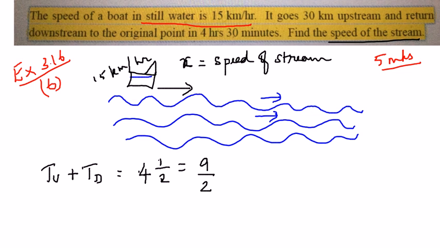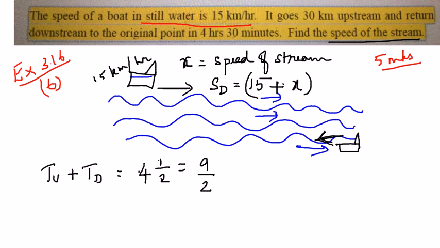So here, we'll take the speed of the boat when it's going downstream to be the speed of the boat itself plus the speed of the stream, right? Because the speed of the stream helps the boat travel much faster. But when you take the opposite direction, upstream, the water is still traveling in this direction, but your boat is going in the opposite direction.